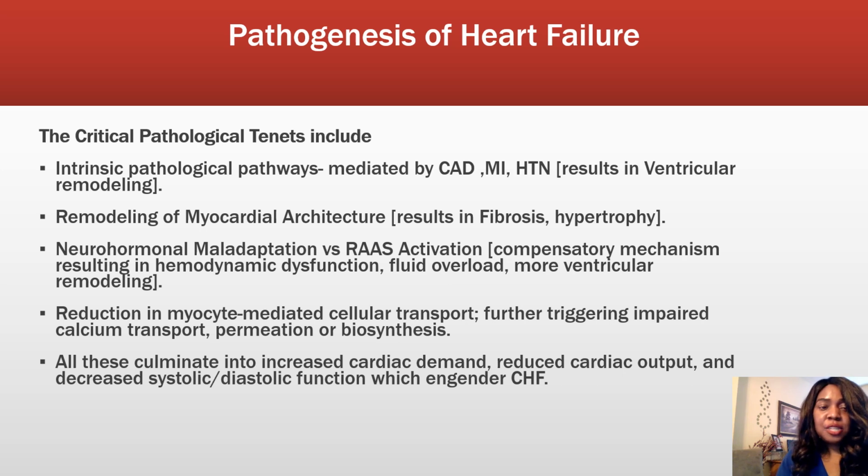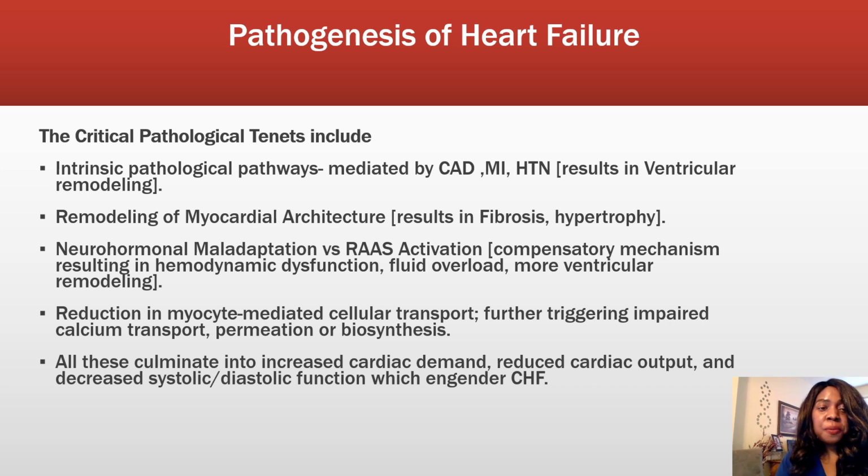Secondly, remodeling of myocardial architecture results in fibrosis and hypertrophy. So remodeling of the myocardial chambers results in fibrosis, hyperplasia, and left ventricular hypertrophy or enlargement.